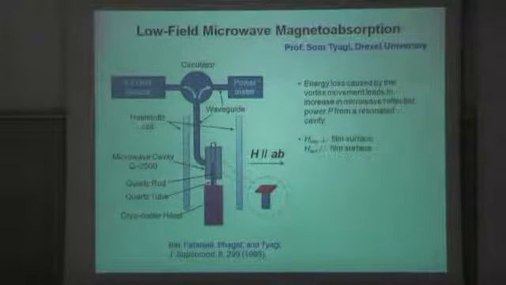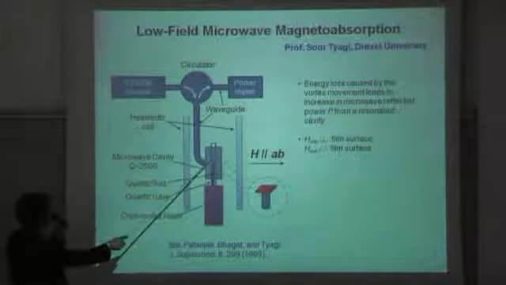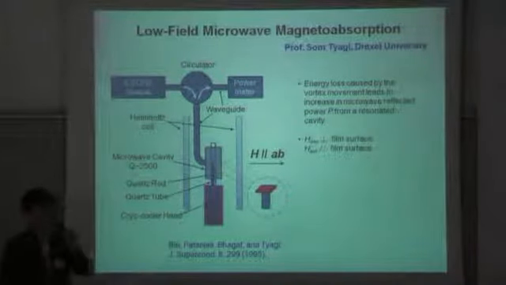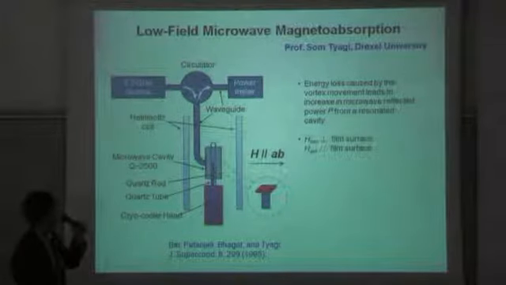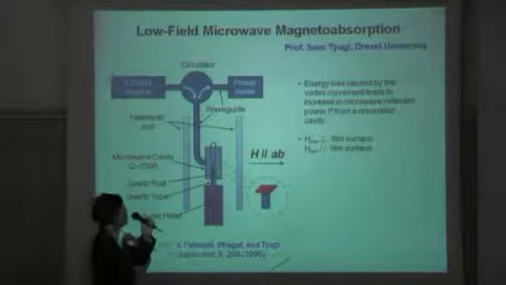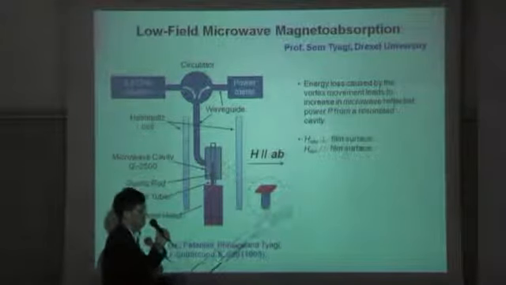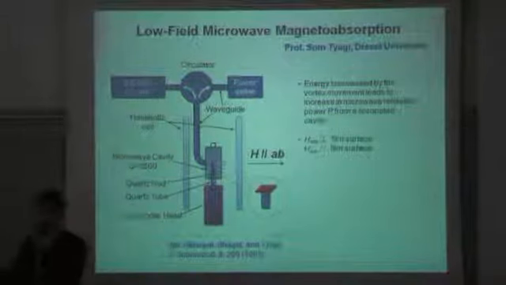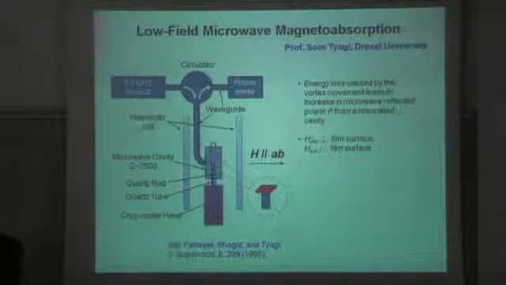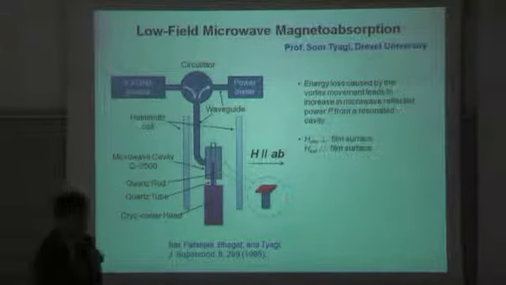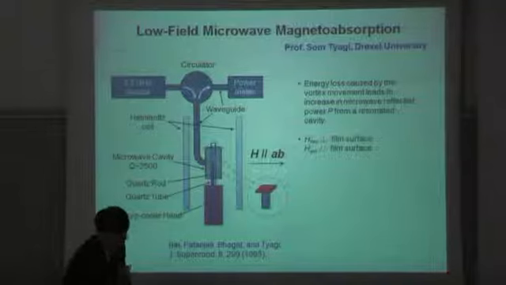So what you can do is measure the absorption of the sample while applying a magnetic field along the surface of the films. What he wants to see is that when you increase the field, once the vortex enters the film, the microwave absorption would increase. And from there, hopefully we can measure the HC1 of the films.